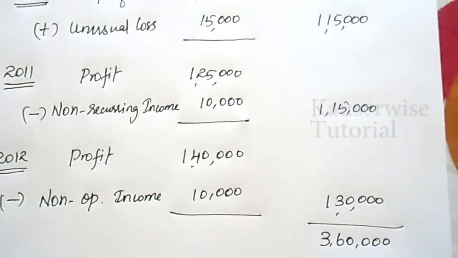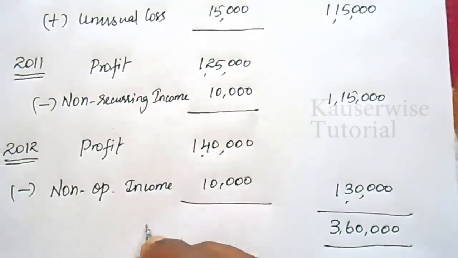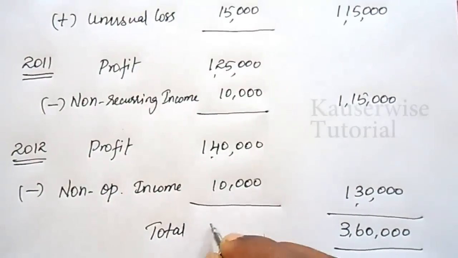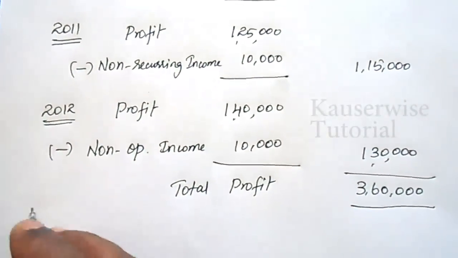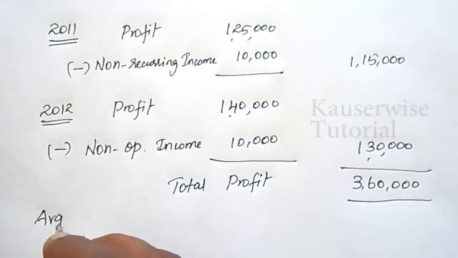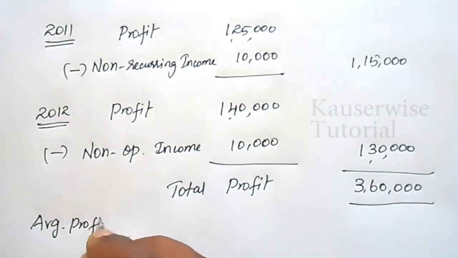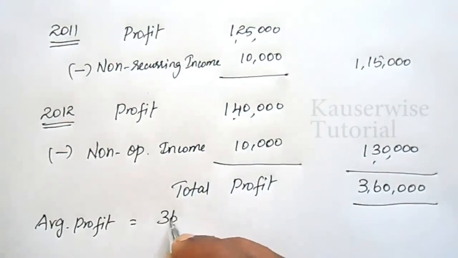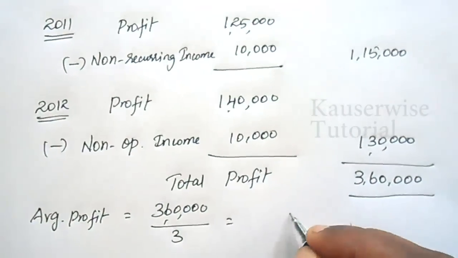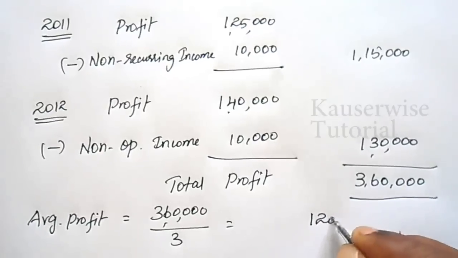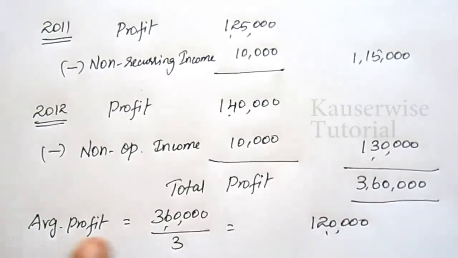This is a total income for 3 years, that is total profit. Now find the average profit. Average profit is equal to 3,60,000 divided by 3 is equal to 1,20,000. So this is the average profit.